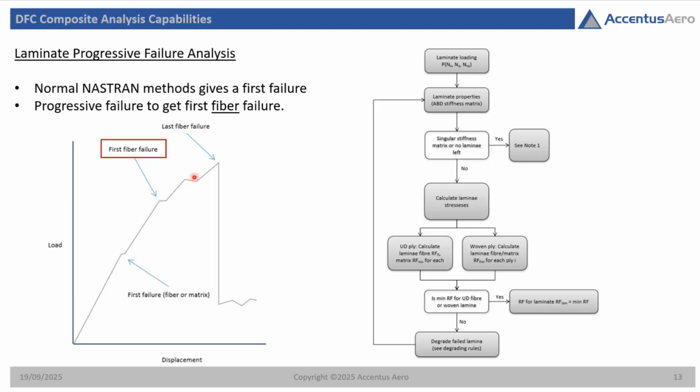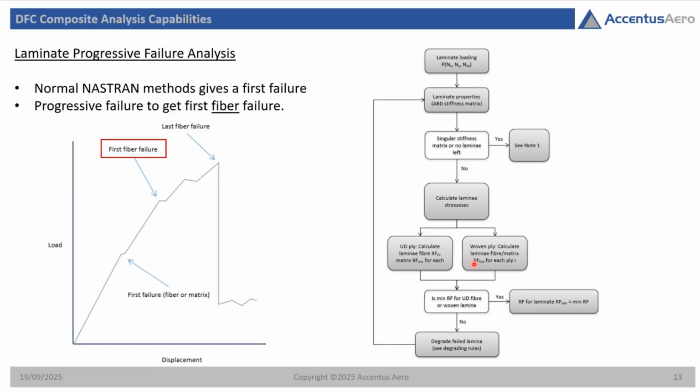This is typically a graph of load versus displacement of a test sample. You get first failure, then first fiber failure, and eventually laminate failure, which we call last fiber failure. How we do it again is we have our applied loads, we calculate our stiffness matrix, then we calculate the lamina stresses and apply our failure criteria.